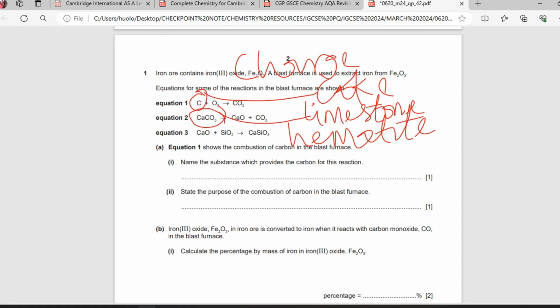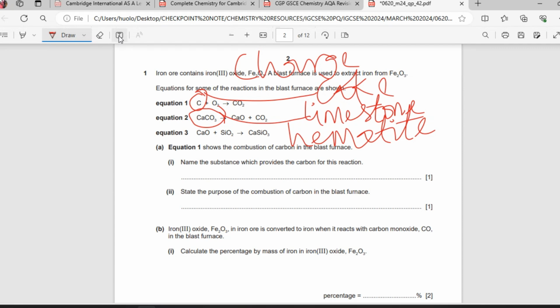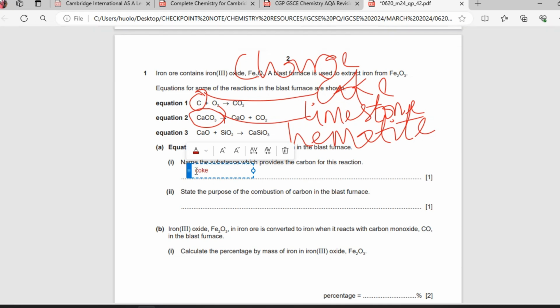So that's what the charge is made of. So in response to our question: name the substance that provides the carbon. None other than coke. It is coke from the destructive distillation of coal, which is mainly carbon.